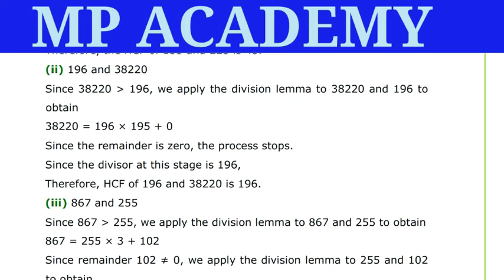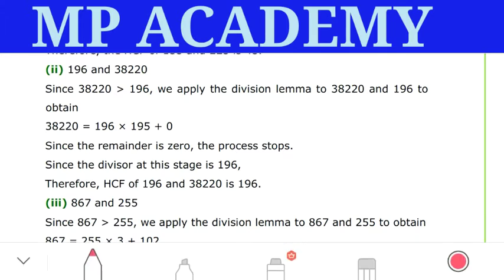So what was the division algorithm of Euclid's? First we have to identify which number is greater. Here, 38,220 is the greater number, and then 196. So first we divide 38,220 by 196, and then what is the quotient?